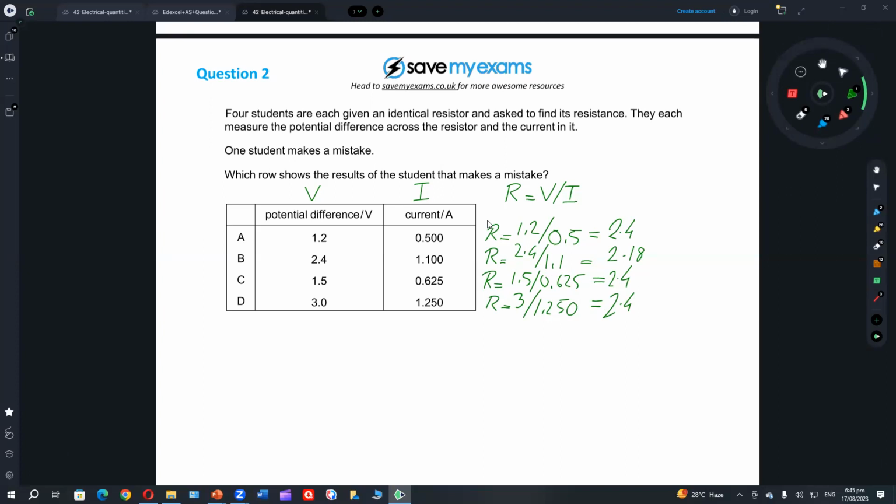So which student has made a mistake? Look at this working. The answer is B.